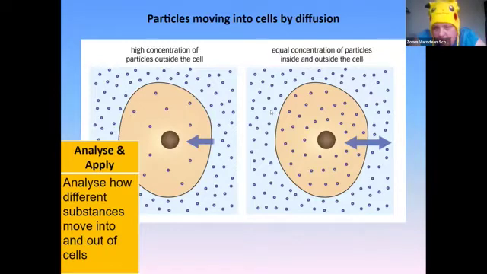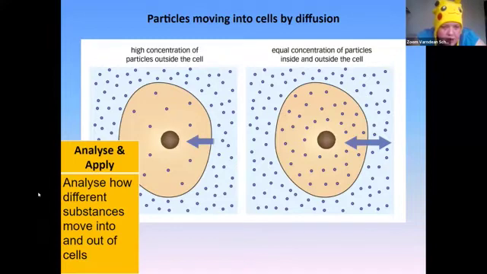So diffusion will still happen here. They'll still bounce in and out, but they've equaled out. So it's gone from high to low, and then we end up with a balancing out. And that happens in cells so that we can get substances like glucose and oxygen into the cells, and we can get some other things out of the cells.